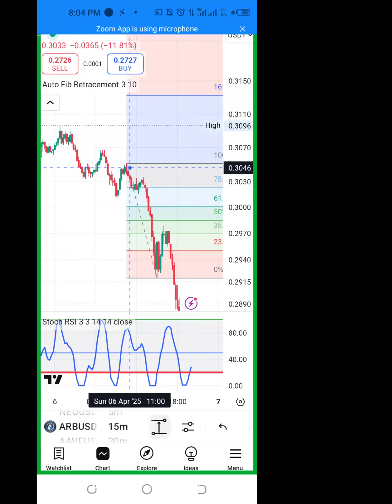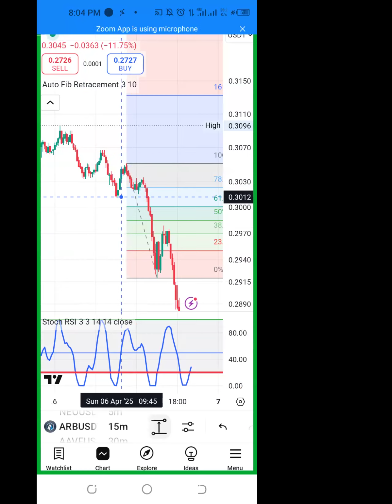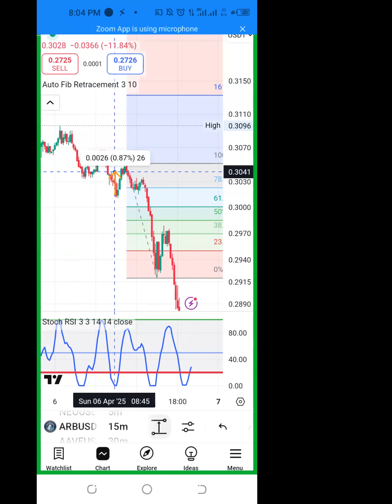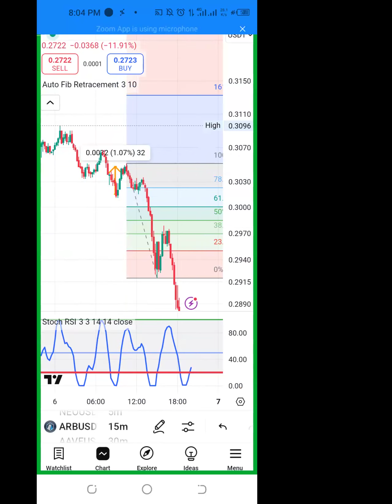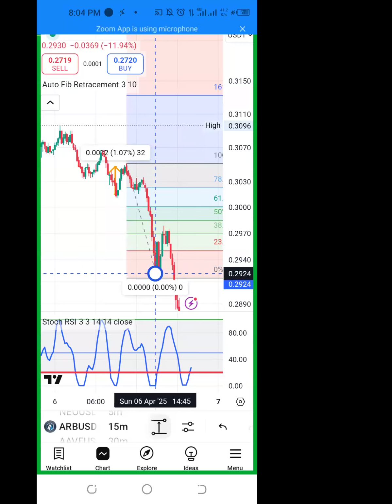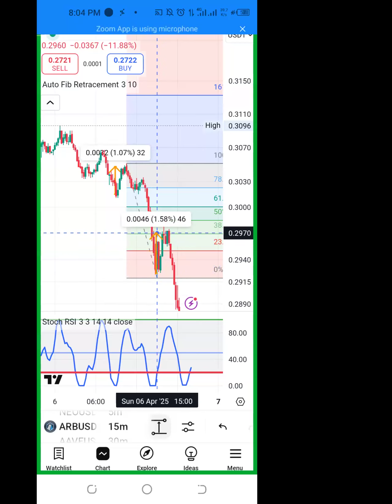When it did it here, up, you see, it did 1%. Okay, I think it reached 1%. Let's measure this one too. Did it here. The movement was what? 1.85.